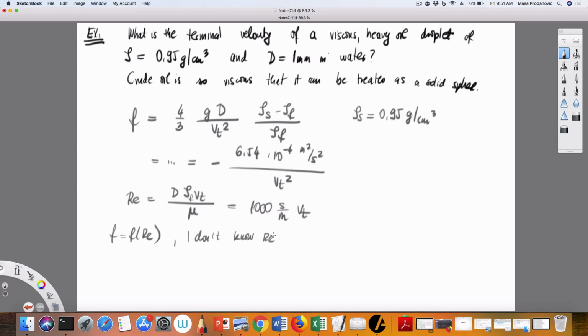So this is where I just go through possibilities and see which one fits, and find the match. So the first one is laminar flow. For a sphere, Reynolds number has to be less than 1.